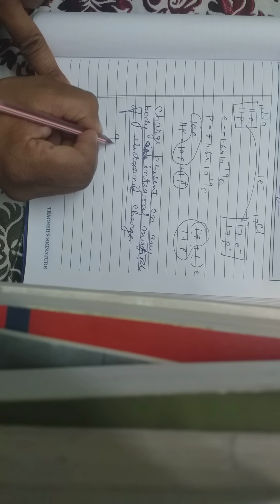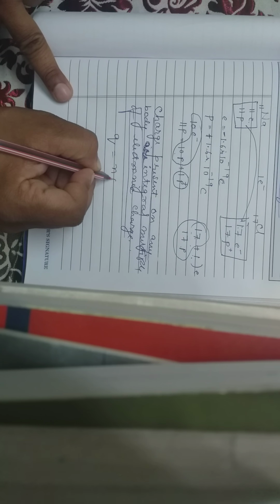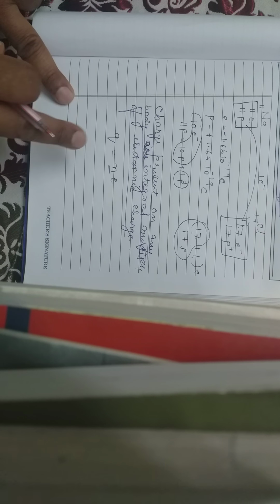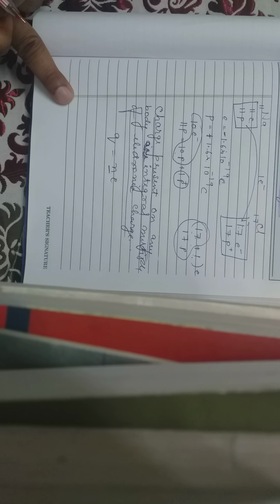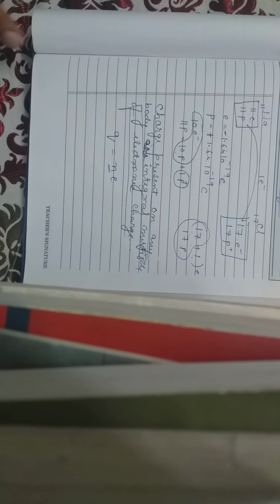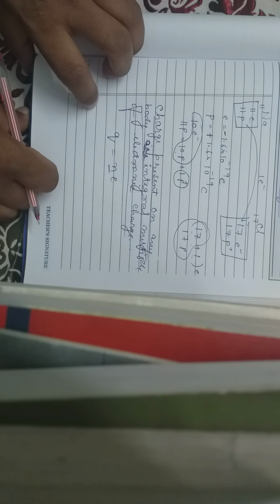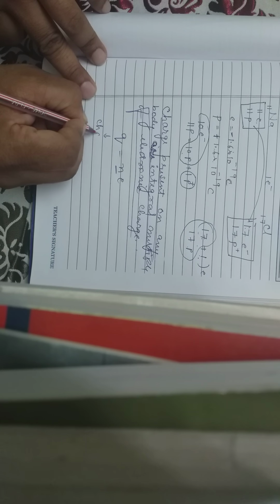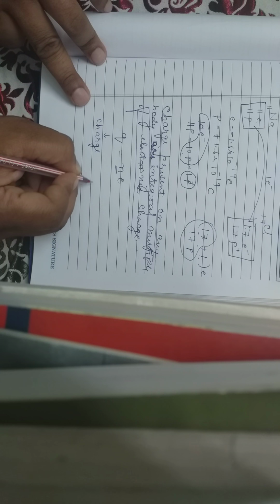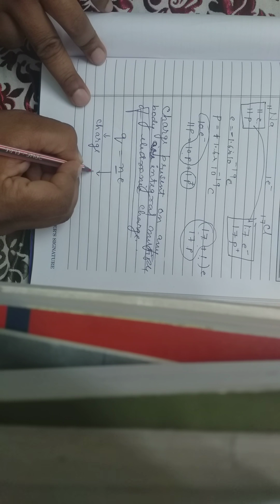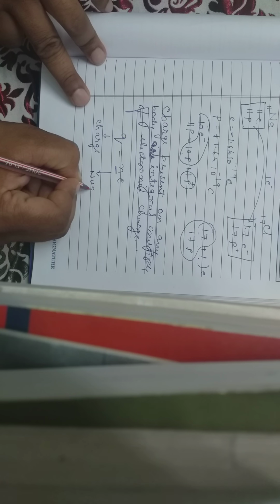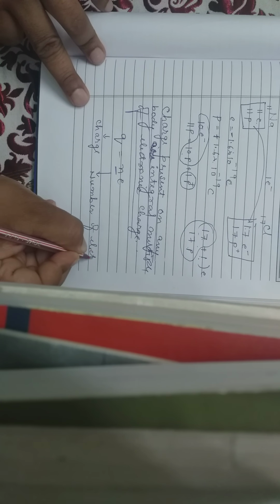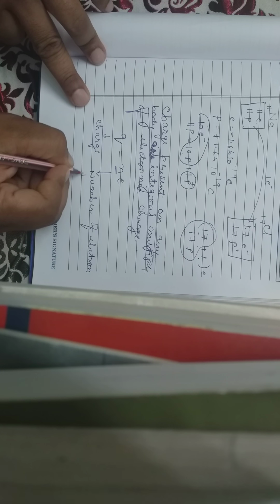We can write Q equals N E. N is the number of electrons transferred from one body to another body, and E is the charge on the electron. Q is the amount of charge. N is the number of electrons transferred.